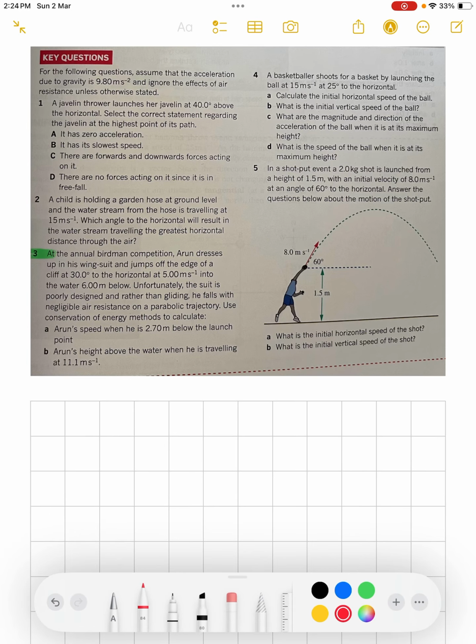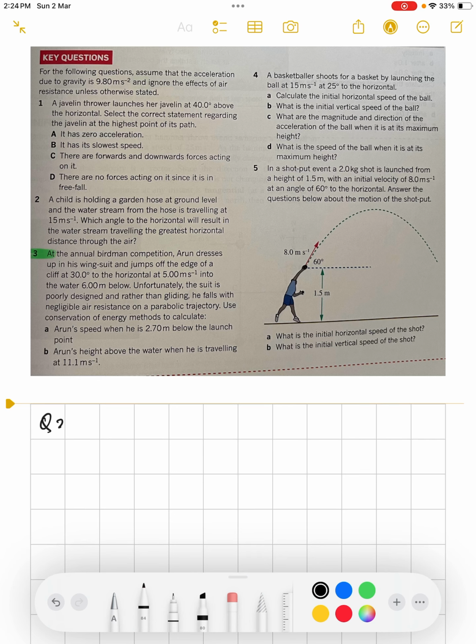I'm going to be looking at question 3. Question 3 says, at the annual Birdman competition, Arun dresses up in his wingsuit and jumps off the edge of a cliff. Now let's put the edge of a cliff and into the water 6 meters below.